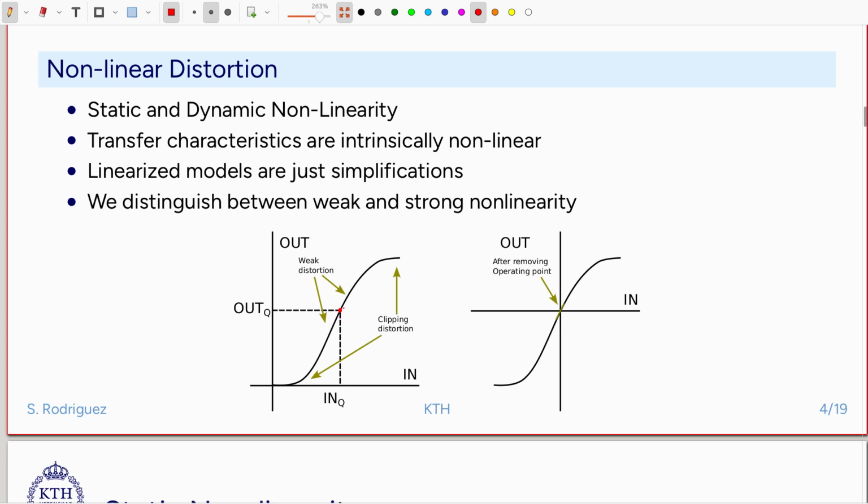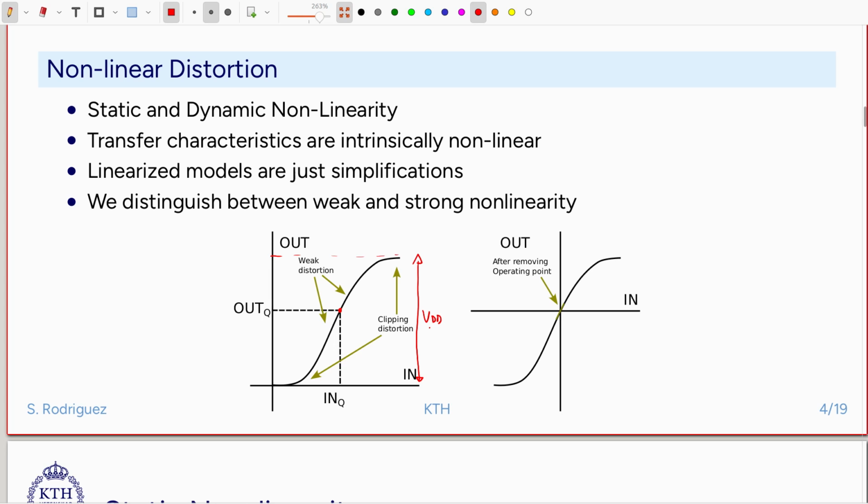Then when the signal excursion is very large, at some point it will take values that approach the power supply. At some point we are going to hit the power supply of our system, or if the signal excursion is very low, it will hit the negative power supply, in most cases ground. So we are basically limited by the power supply in most cases.